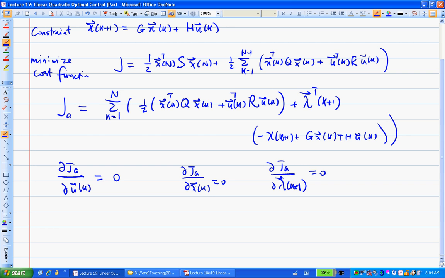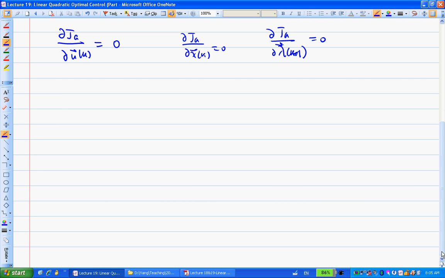So 3 partial derivatives. We play with the three equations from the 3 partial derivatives, and the final result that we come up with, I'll just write it here.